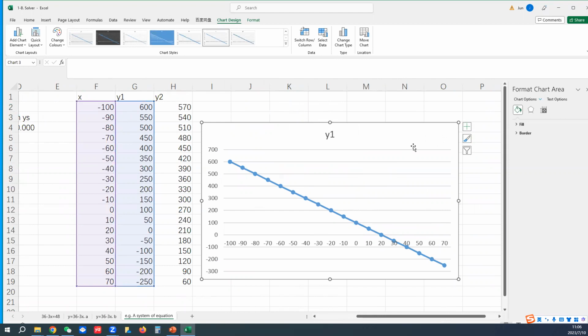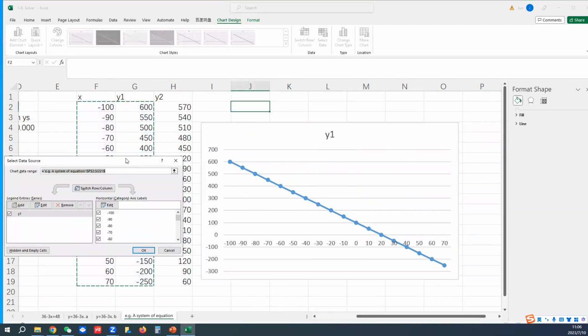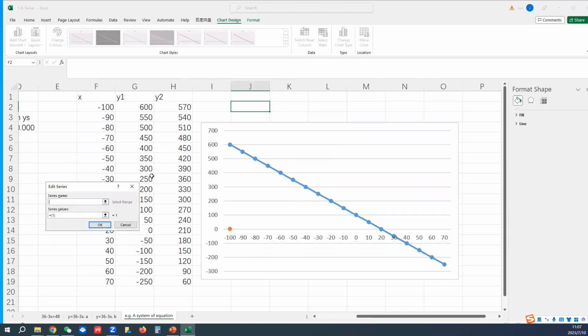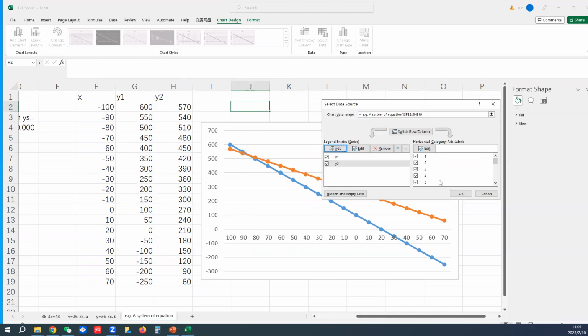So now that was only y1. Now we need to look at y2. Okay, just select the data again, and you can add legend entries. So now we are going to add y2 onto the same graph. Now I just need to select the values of y2. See, y2 is here in the orange line.